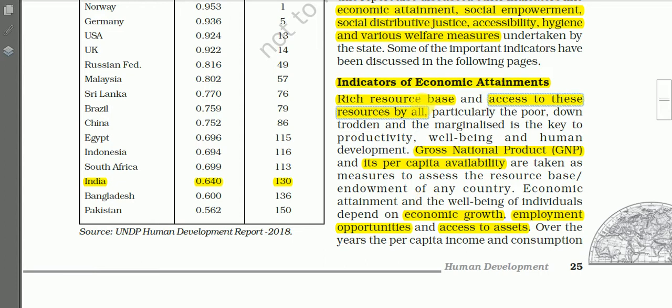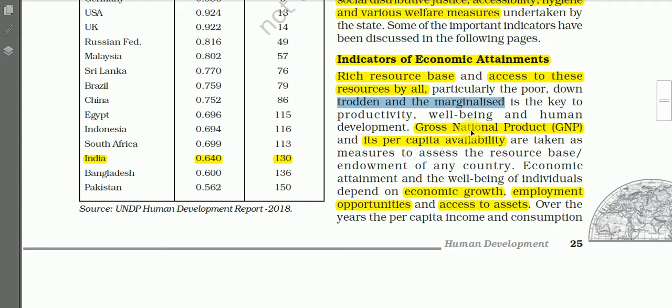That means to measure the economic attainment of any state in India, rich resource base and access to these resources by all the people of that state, or by all sections of the society, particularly the poor, the downtrodden, and the marginalized, is the key to productivity, well-being, and human development. Marginalized, as you know, relates to the lower strata of the society.